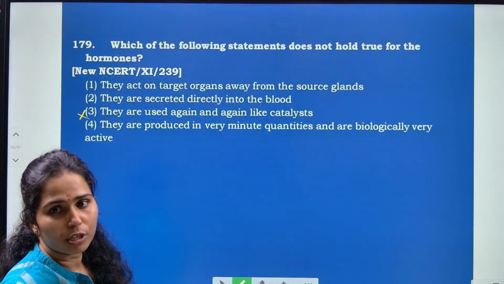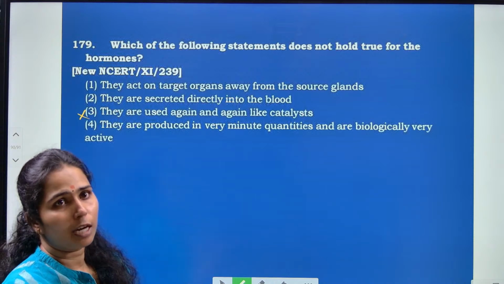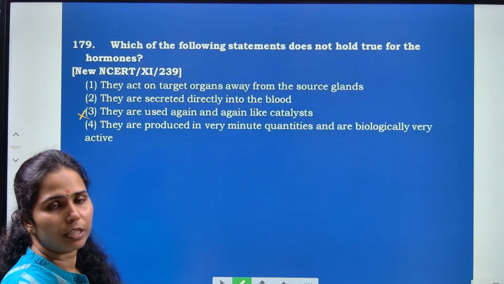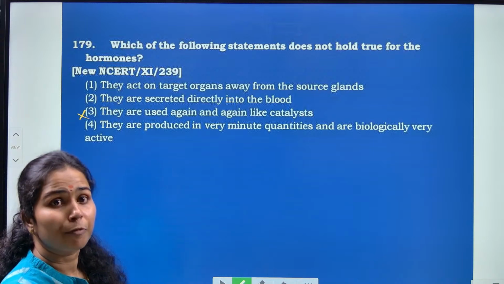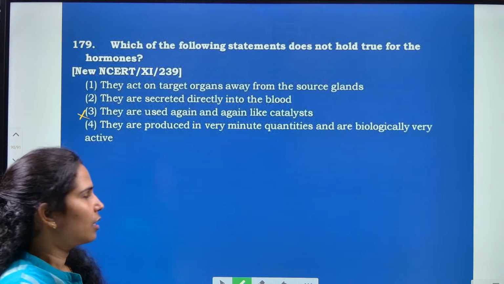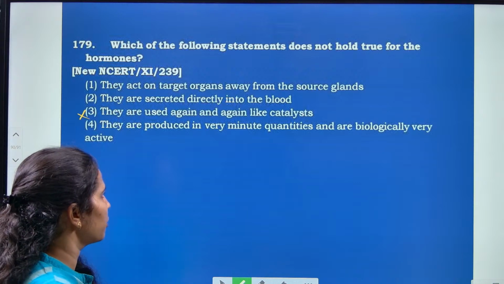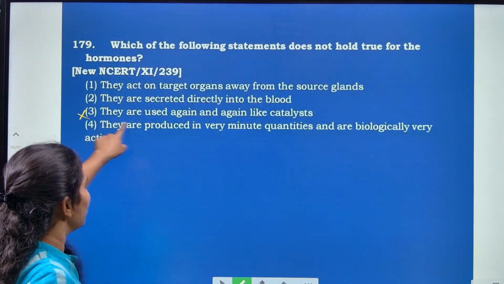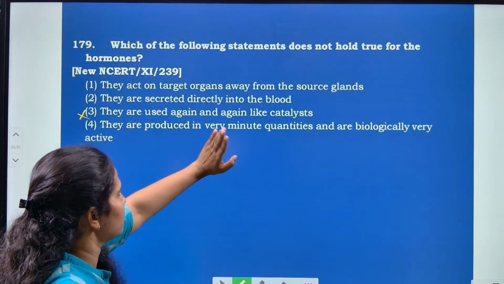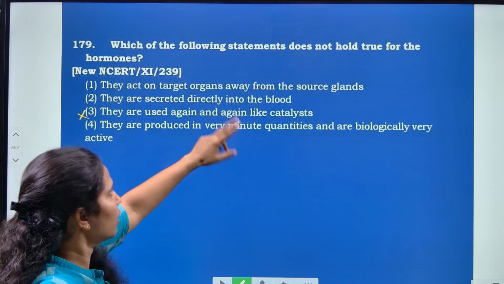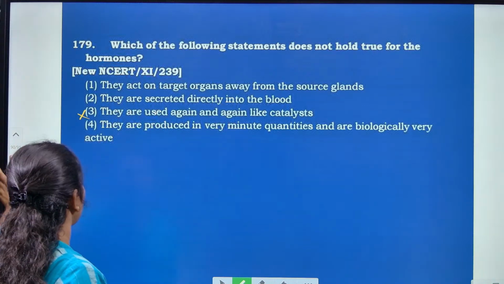They are not produced in large quantity, because hormones are required only at that time to maintain the physiological body here, so they are produced in minute quantity. So they are not used again and again as a catalyst. It does not hold good for what? For the hormone character here.